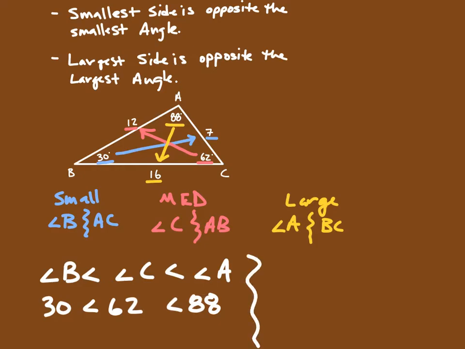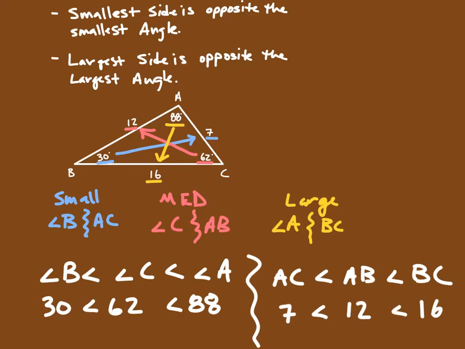Side length AC is less than side length AB, which is less than side length BC, which is the largest. AC had a length of 7. That number is smaller than 12, and that number is smaller than 16. That allows us to write these statements here.